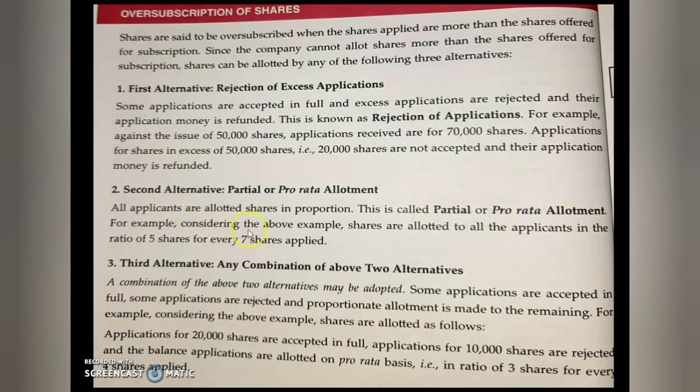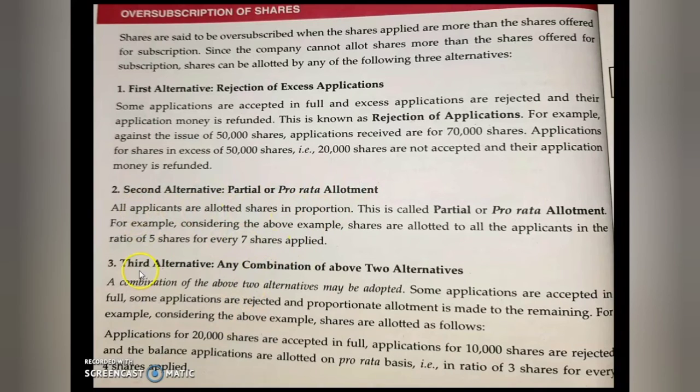For example, considering the above example, shares are allotted to all the applicants in the ratio of 5 shares for every 7 shares applied. So we will be going for a 5:7 ratio. That is, those who applied for 7 shares, the company is ready to allot them 5 shares. We will reduce the number of shares they have applied for. So that is the second alternative.